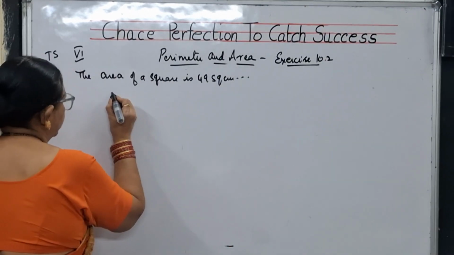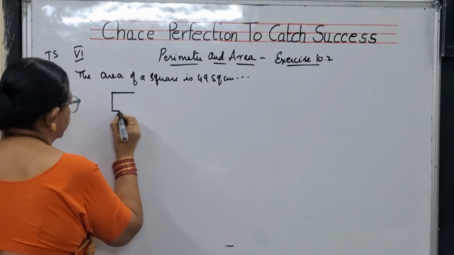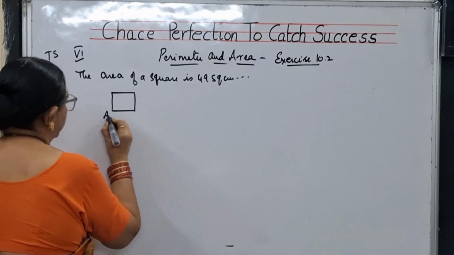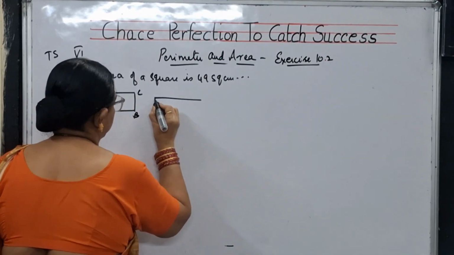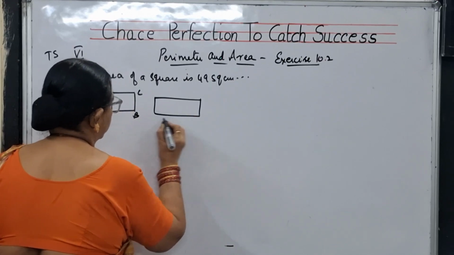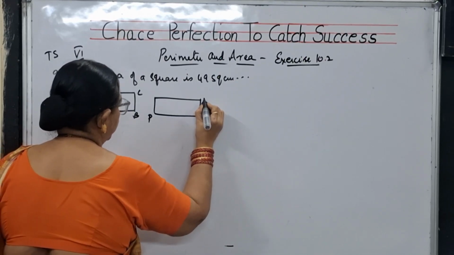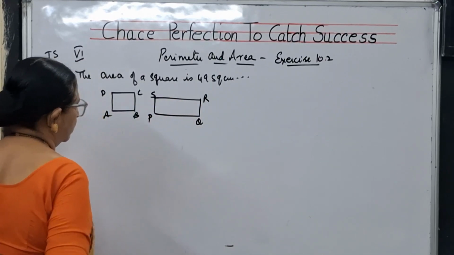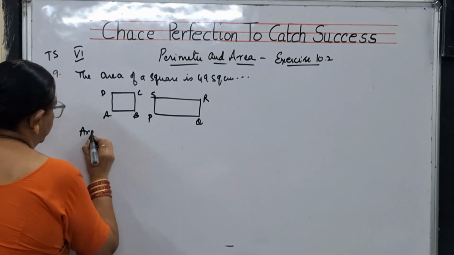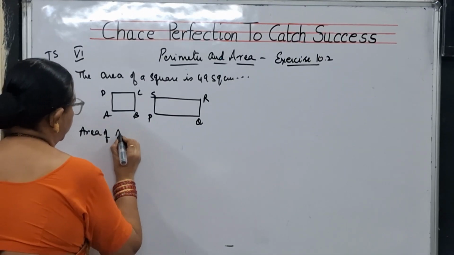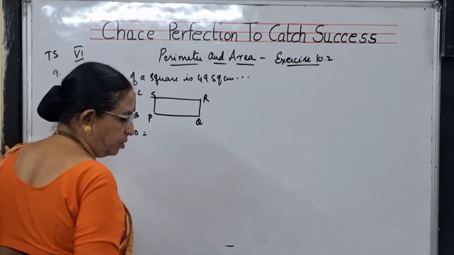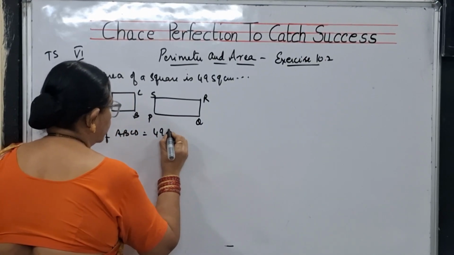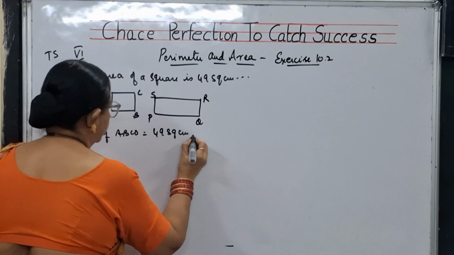You have got a square ABCD and a rectangle PQRS. Now they have given area of ABCD is equal to 49 square centimeters.